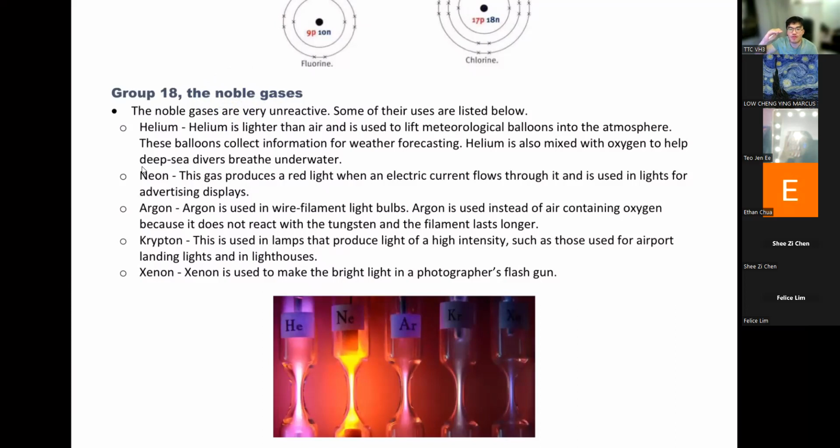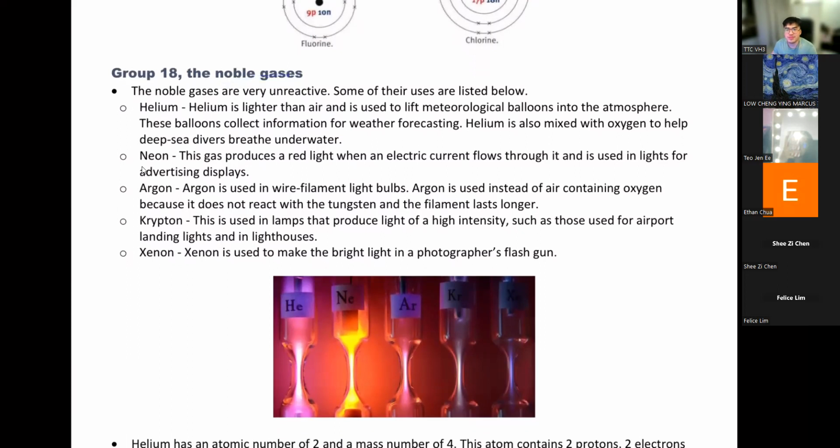Nobles are the people of nobility, rich people, right? Like you are related to the king. You are related to the royals. You are a nobility. You are the rich people. Us, we are peasants. Unless you're like the top 1% richest person in Malaysia, then you are the noble. So why do we call them noble gases? Because they don't react with anyone.